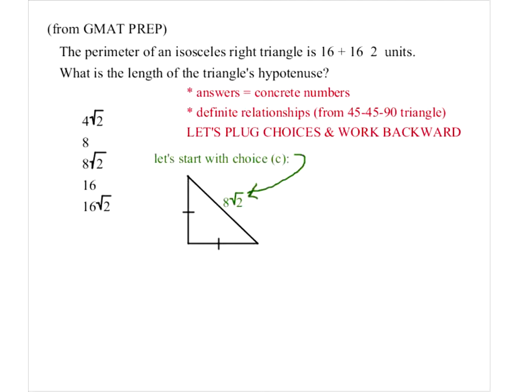Well, the relationship is that the ratio of the hypotenuse to the legs is rad 2 to 1. So the ratio of hypotenuse to leg is rad 2 to 1 in this triangle. Again, I've got to get the square root sign on there.